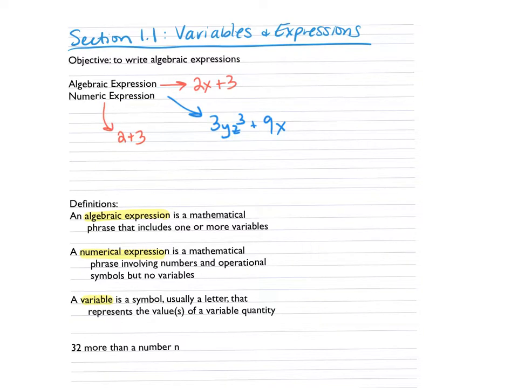And then numerical is just a mathematical phrase involving numbers and operational symbols, but no variables. Anything like 2 times 4 plus 1 divided by 3. That's a numerical expression. And then a variable, I guess we've been talking about it, but it's just a symbol, usually a letter that represents a quantity or a variable.